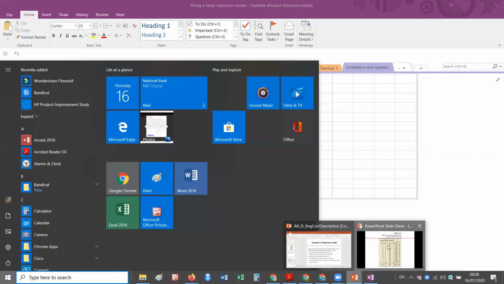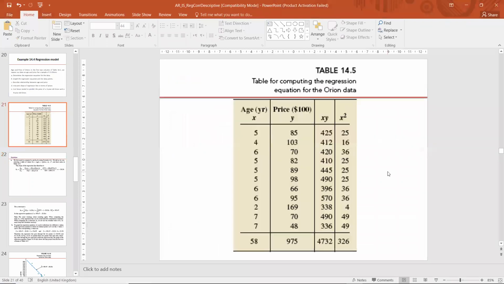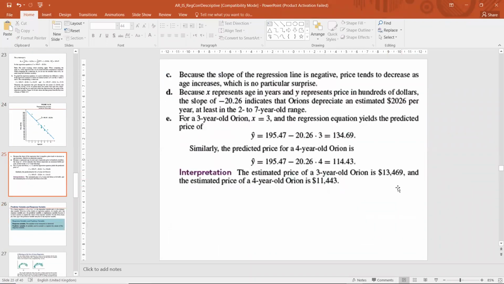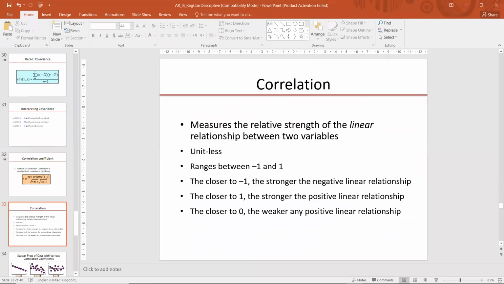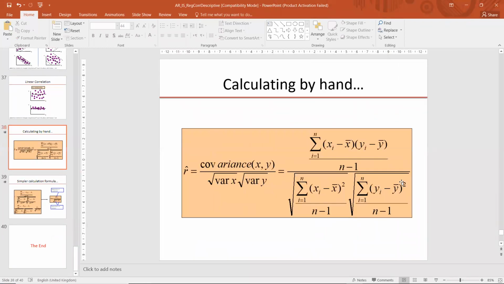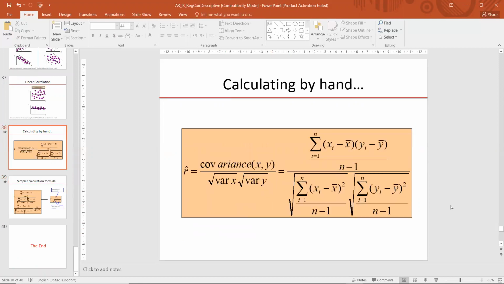Formula of correlation. This is not the computational formula. The computational formula is in the expanded version. This is the computational formula. This is not the computational formula.